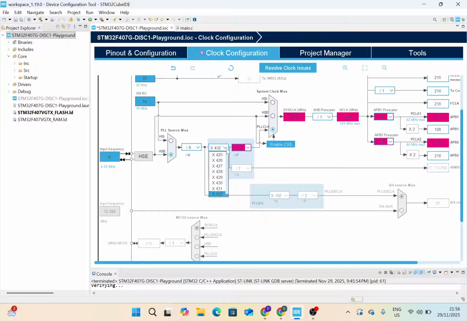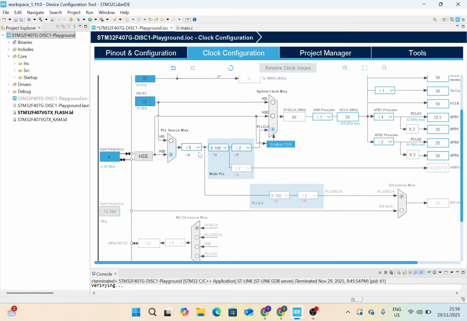So I am just going to multiply that by 200. I can also do 100, but that will not let me achieve what I want to do. Let's do 100, then you'll see what I mean. So I'm choosing 100 here. If I choose 100 here, you see there is also a divider.